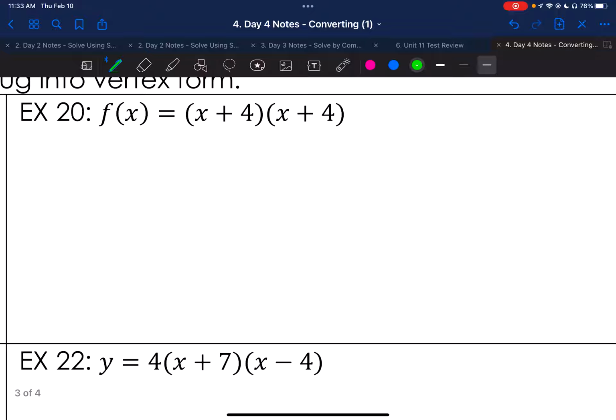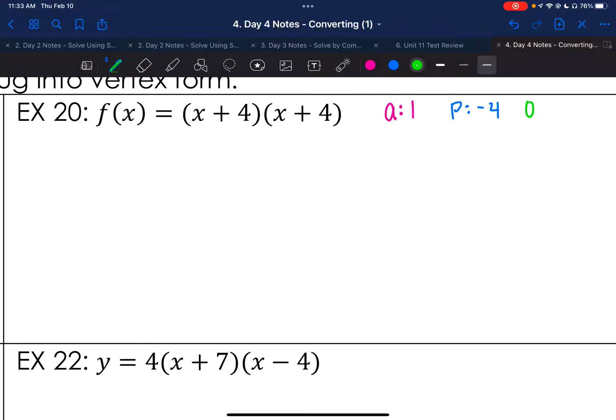Number 20. So we have x plus 4 and x plus 4. First, we will identify our a value, which is 1. And then my p value is negative 4, and my q value is also negative 4.